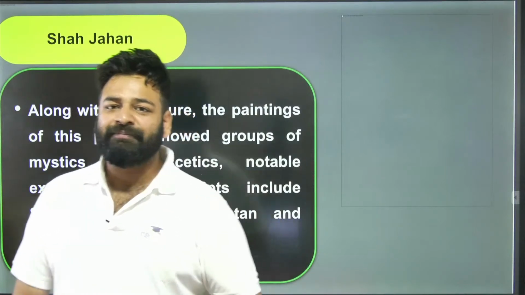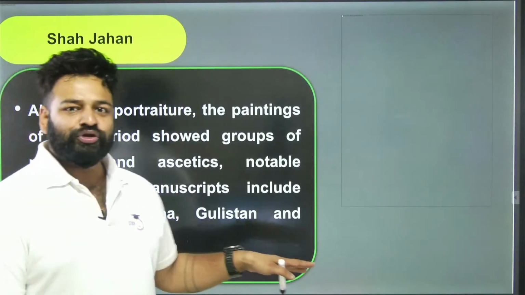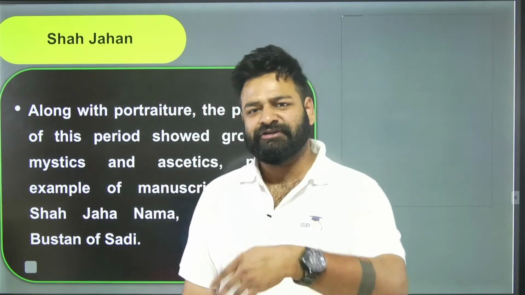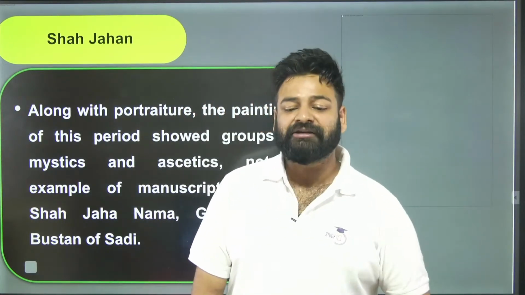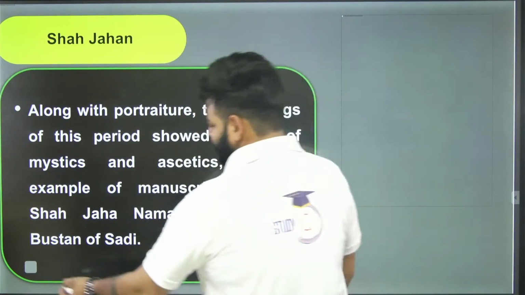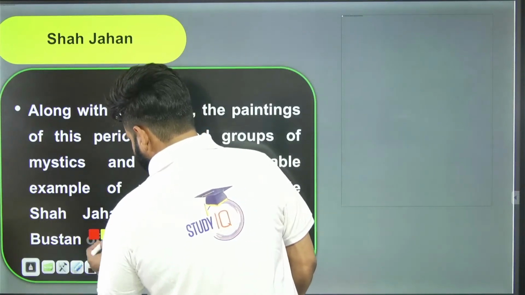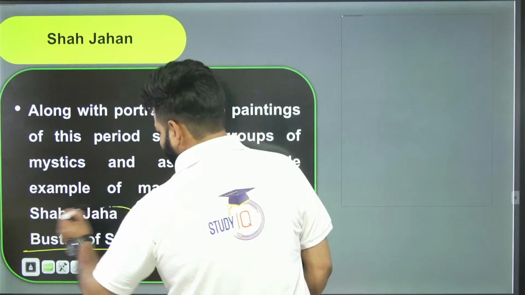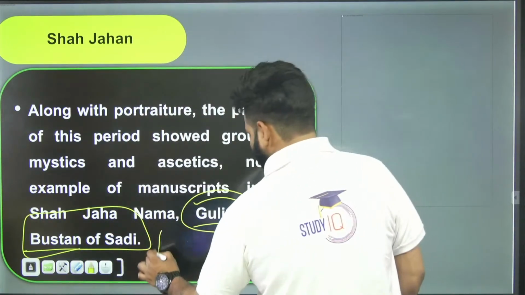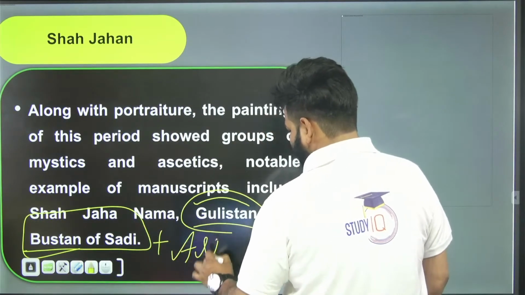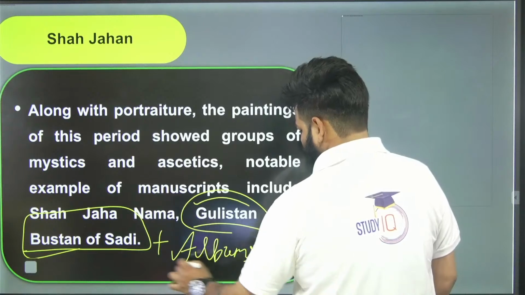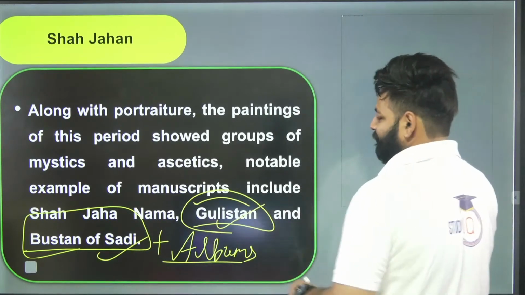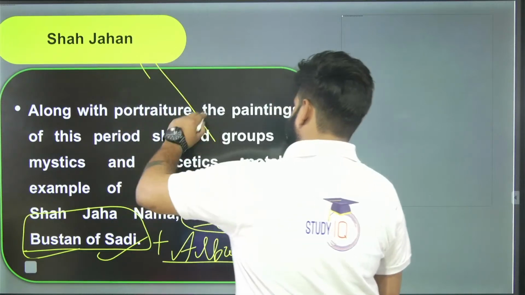But at the time of Shah Jahan there are two new names. Shah Jahan Nama is common, related to Shah Jahan only. But the other wonderful paintings were Gulistan and Bustan of Sadi, which are basically the albums painted at the time of Shah Jahan.